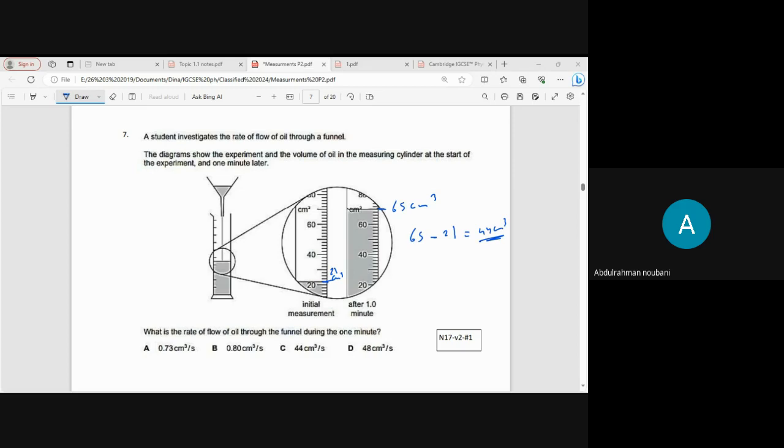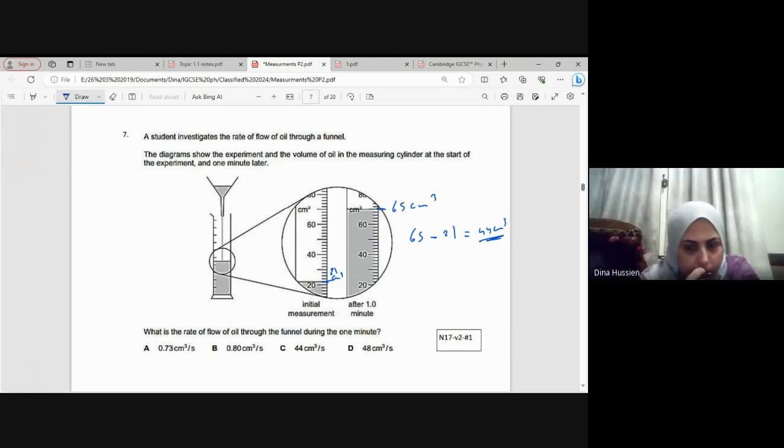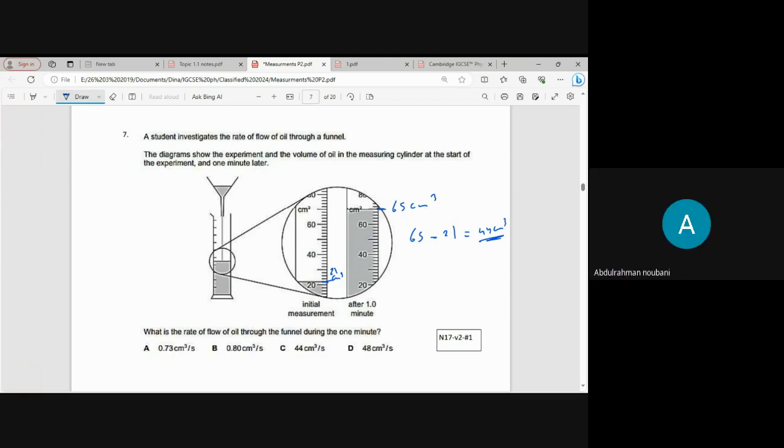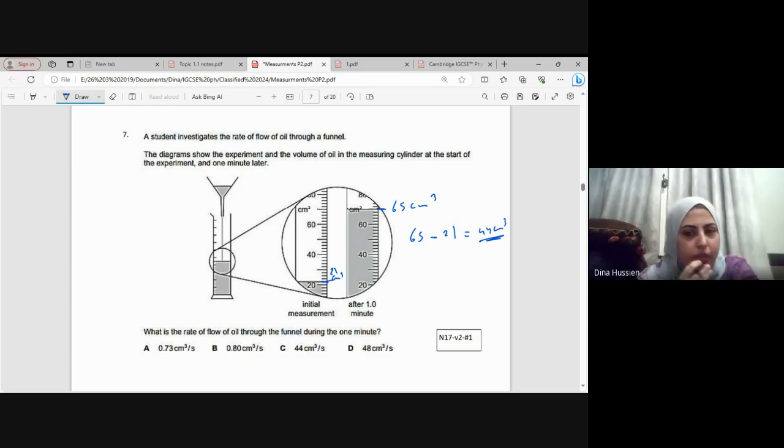Here you made it 21, but it's 22, not 21. Because, Mr., every point is 2, so two degrees. Thank you so much. Abdelrahman and Yahya, did you get what Abdelrahman is saying?